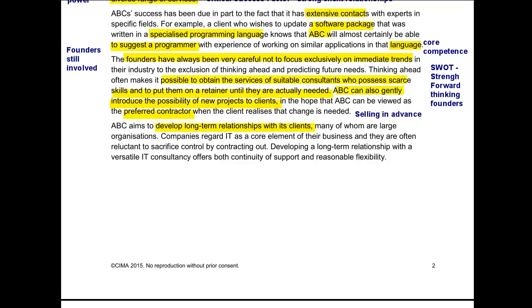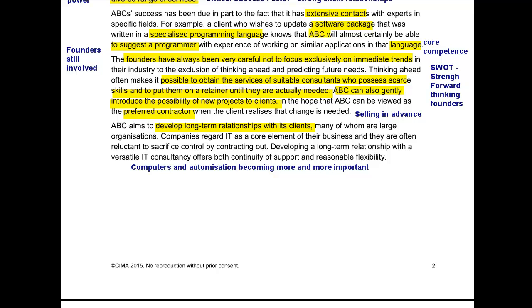They know that companies require IT services. They know that they regard IT as a core development of business, particularly in the current day and age where, of course, computers are becoming more and more important, where automation is becoming more and more important and necessary for businesses.